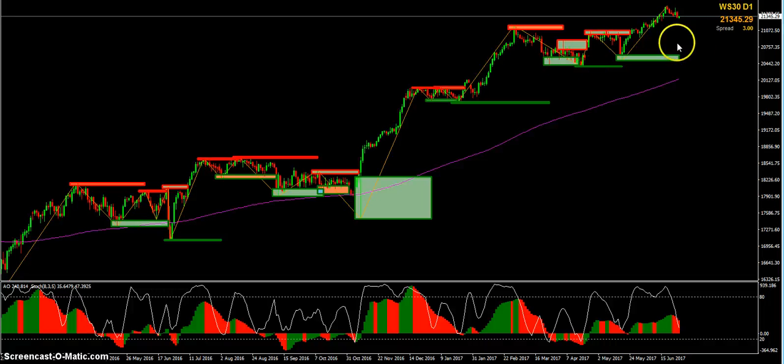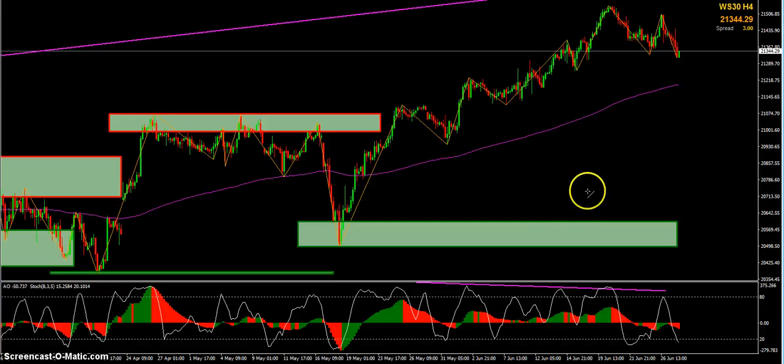The last trade is the WS30, or the US Stock Exchange Top 30. We have a divergence on the daily, which is great to see. And we have it on the 4-hour chart, stepping up and stepping down.